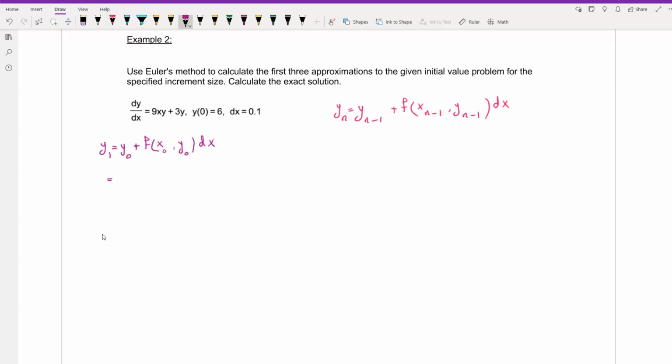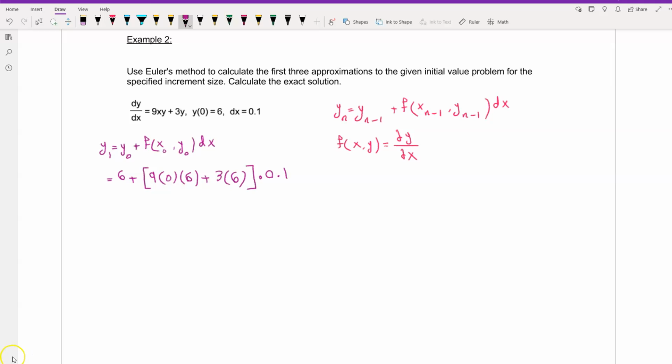What we have for y0 is 6 plus, and here for dy over dx, that is equal to f of x comma y. So here we have 9 times x, which is 0, times y, which is 6, plus 3 times y sub 0, which is 6, times dx.